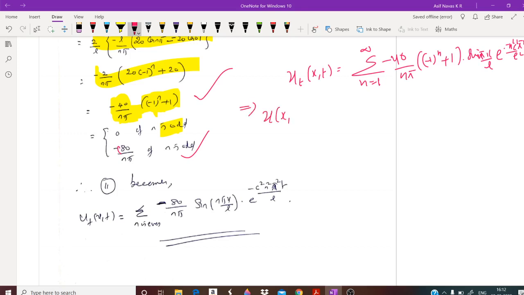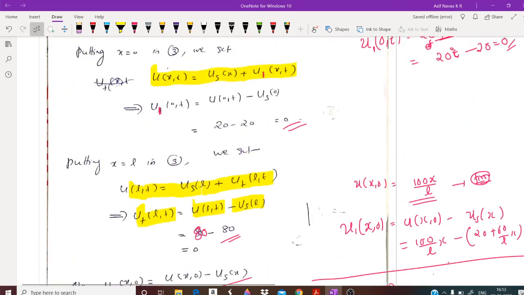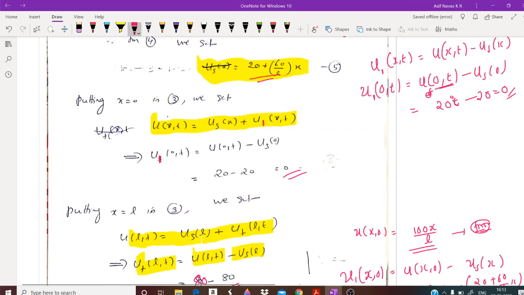Therefore our final solution is u of x t equal to us of x plus u1 of x t. This is our final solution.